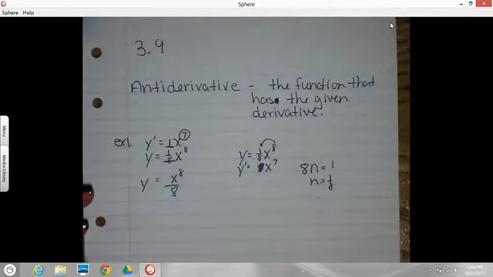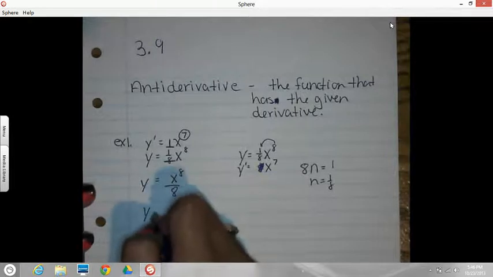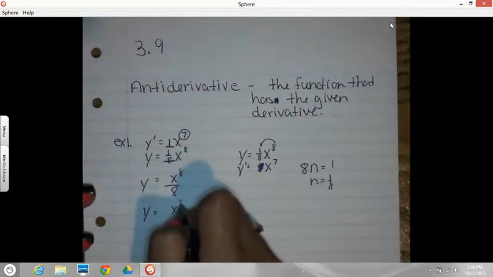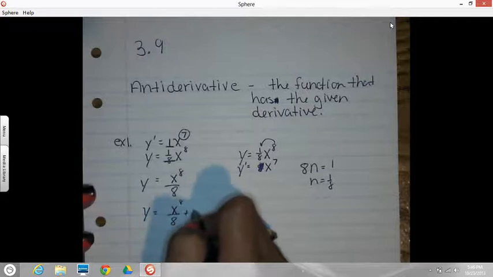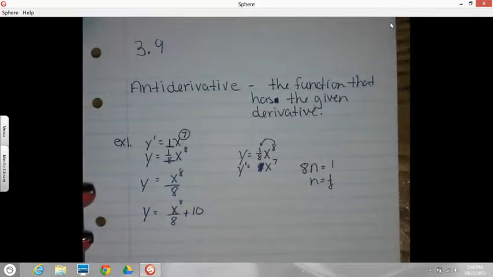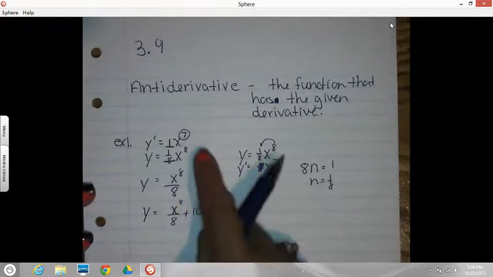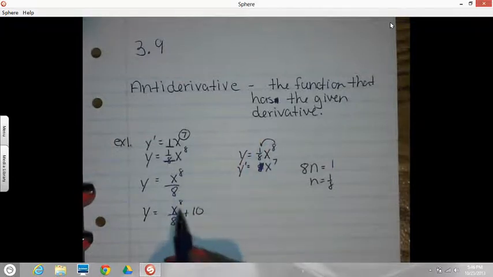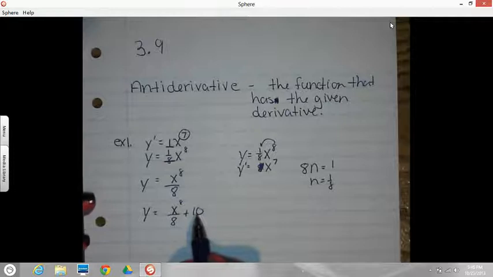And at first guess, you might say, well, yeah, but take a look. If I had x to the 8th over 8 plus 10, would that equation have the same derivative? Well, you know, this is going to come out x to the 7th. What's the derivative of 10? 0. So there's another equation that has that same derivative.